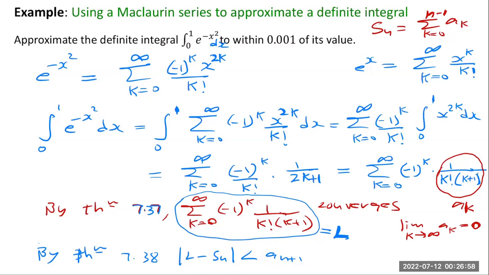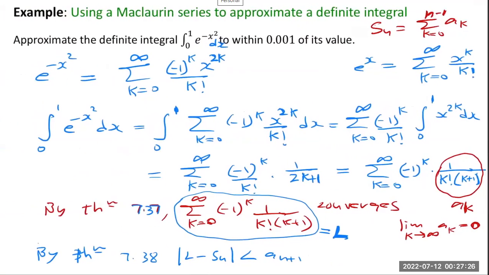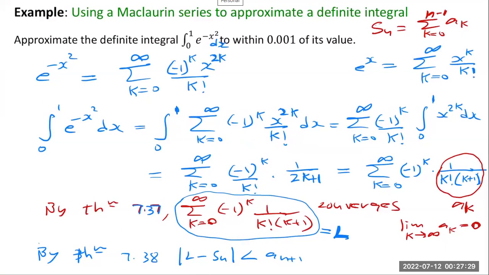So all I have to do is find the least n such that An plus 1 is less than 0.001, and then get the summation of the preceding terms. Okay, so I need to try out terms here. I need to find the value of An plus 1 for different values. So let's do that.